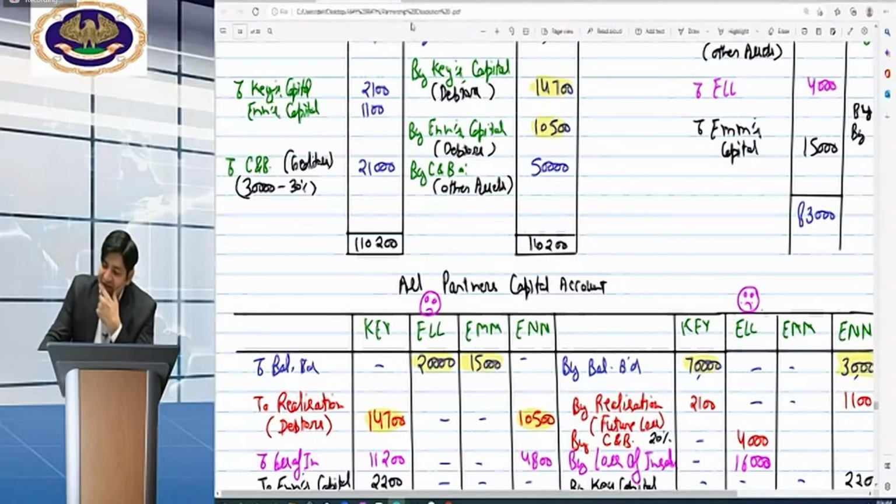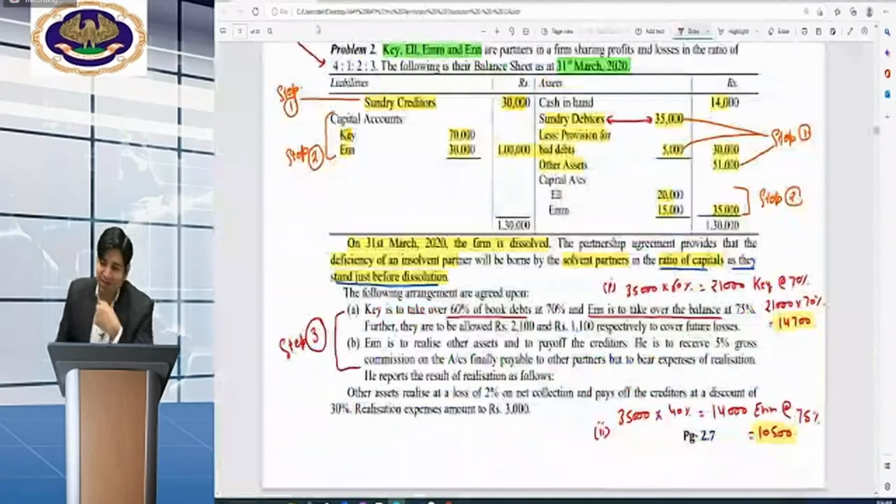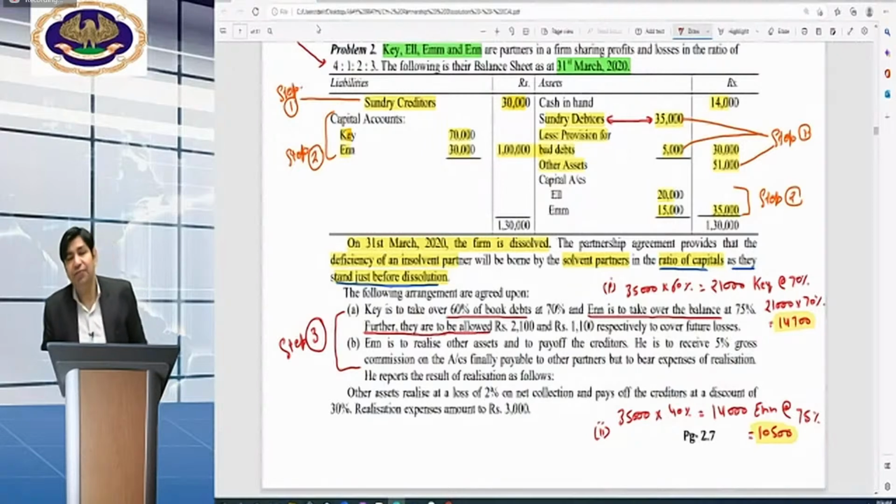Anyways, now moving to the next part. Beta, further they are allowed. It was also in the agreement of the question of realization. Further, they are to be allowed means those will be credited: 2,100 and 1,100.